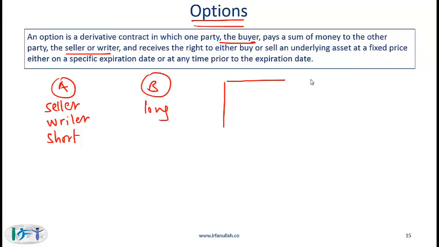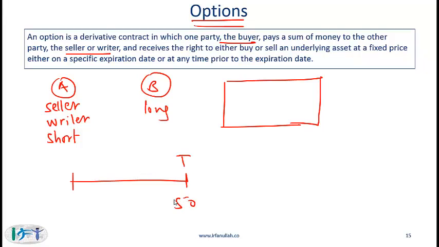These two parties sign a contract which says that B has the right to buy an underlying asset at time t for $50, but not the obligation. The underlying asset, let's say, is XYZ stock, one share of this.